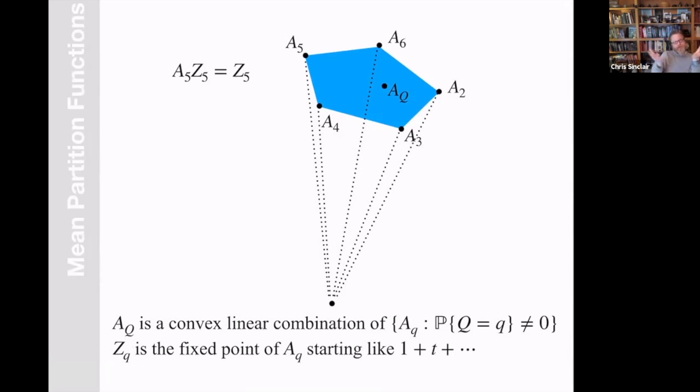And so you get an entire family of power series, and those power series are exactly the ones which give you the mean grand canonical partition function, where the Q is determined by that convex linear combination.